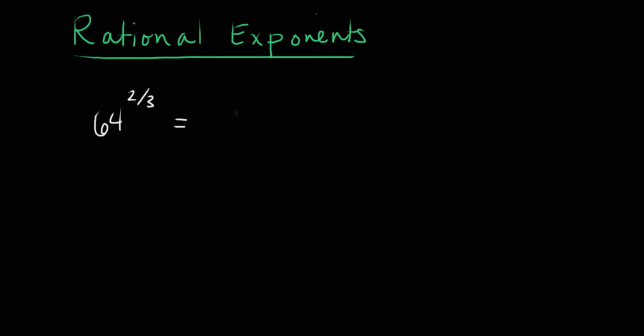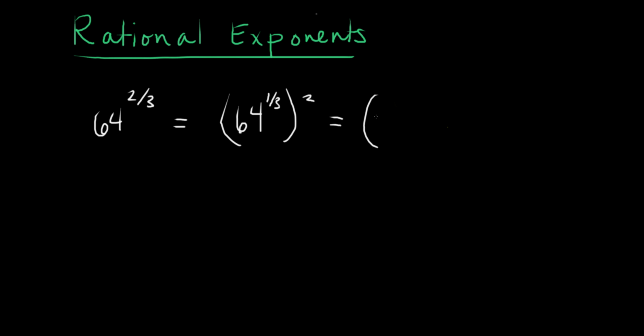If we write this as 64 to the 1/3 power and then square it, it's not too hard. 64 to the 1/3 power, we have to think of it as the cube root of 64. We're saying what number times itself 3 times gives you 64.